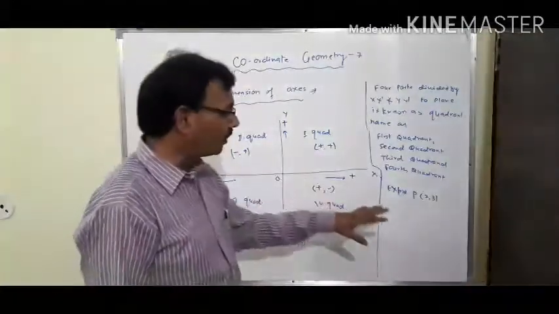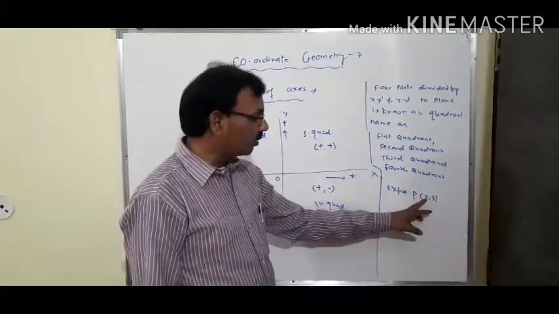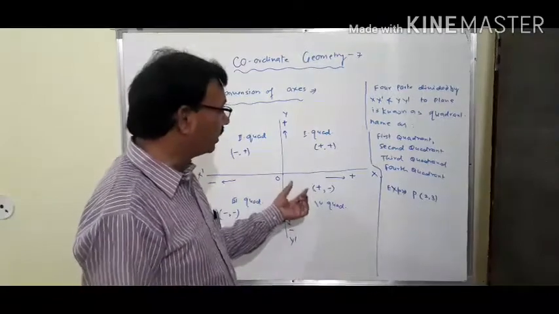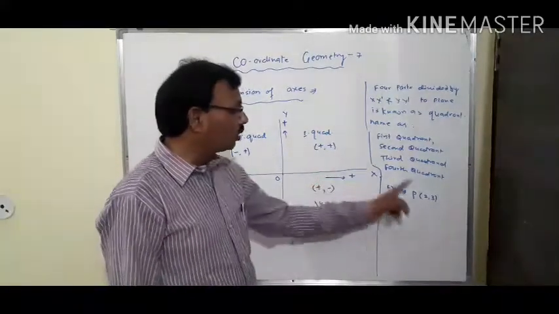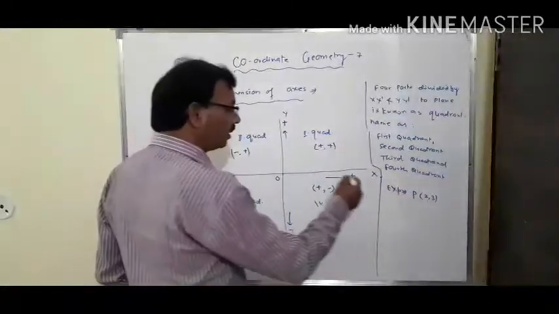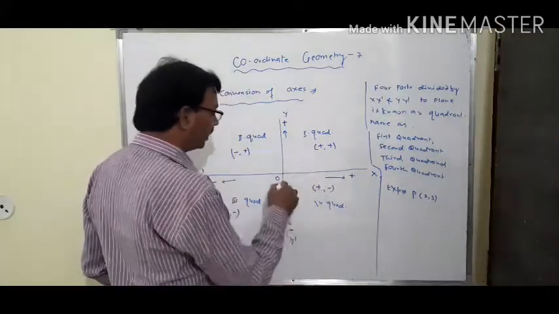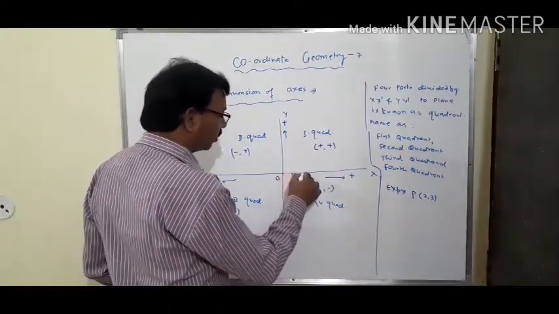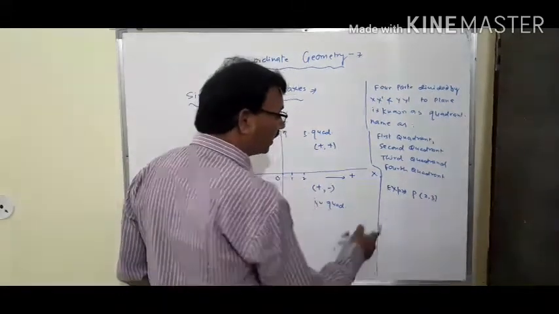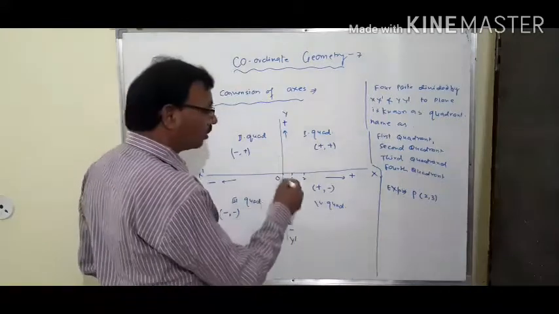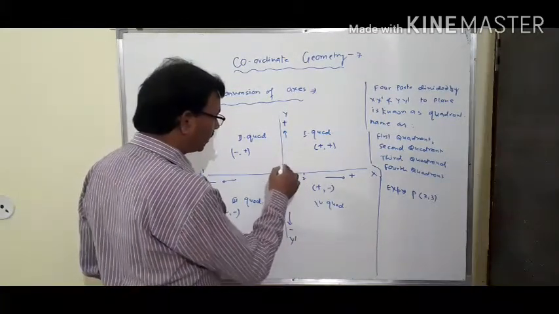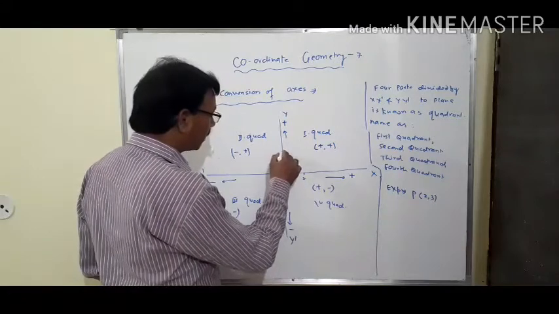And how do we represent this? This is the x coordinate and this is the y coordinate, so we go on the x-axis 2 units in the positive direction, that is 1, 2. The y coordinate is 3 and also positive, so we go on the y-axis in the positive direction, 1, 2, 3.